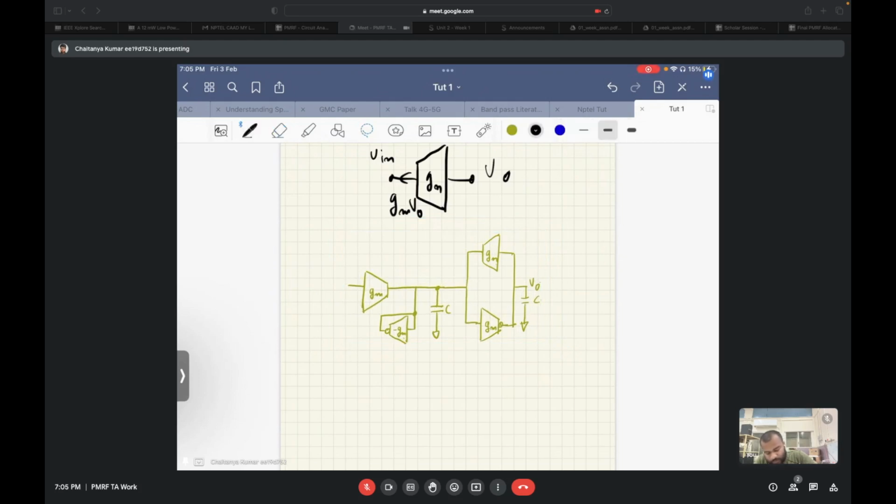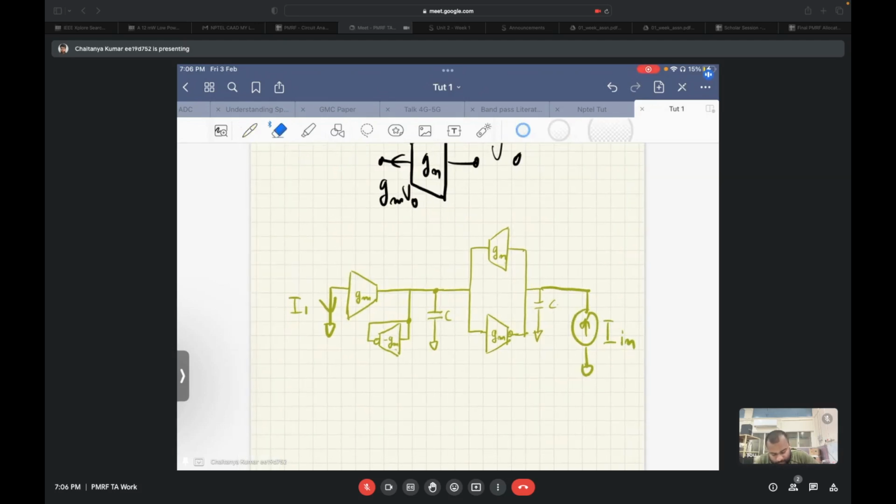So this will be de-energized and will be short circuited. So this is I1 and over here is I in, and all the transconductors will get inverted.